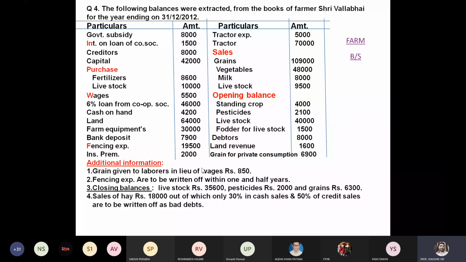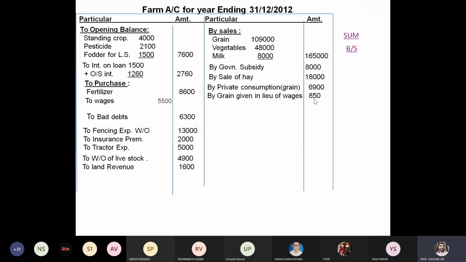850 will be added in the wages, and the second effect will be given to the credit side of the farm account because grain goes from the farm account. Grain given in lieu of wages 850. મજૂરીને બદલે આપેલું અનાજ.